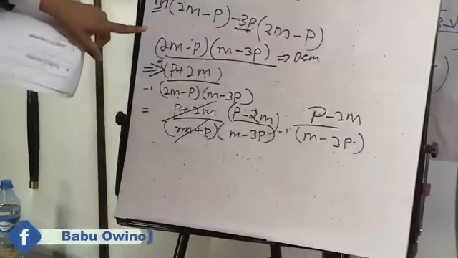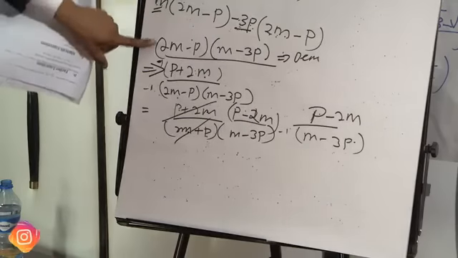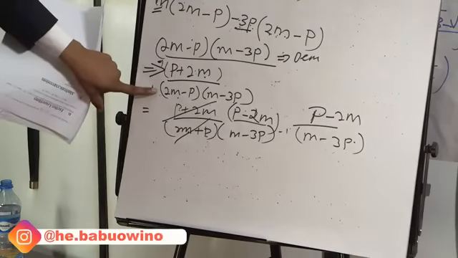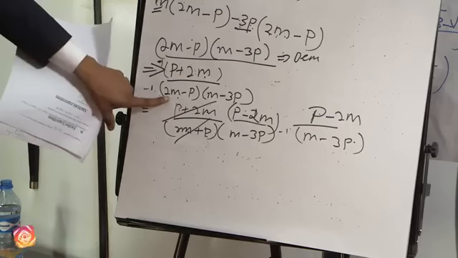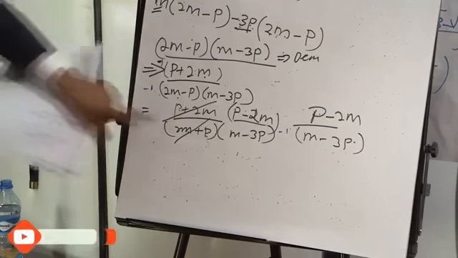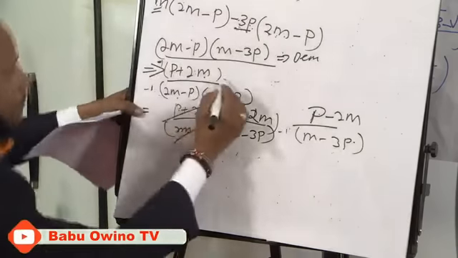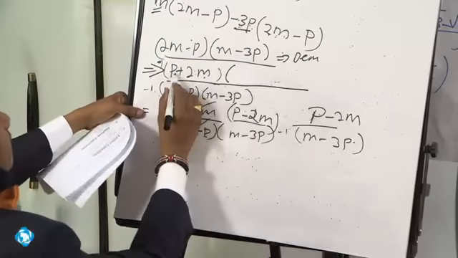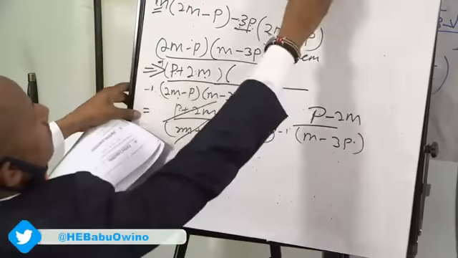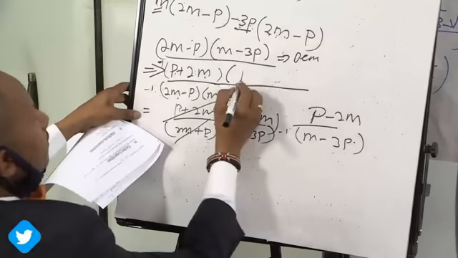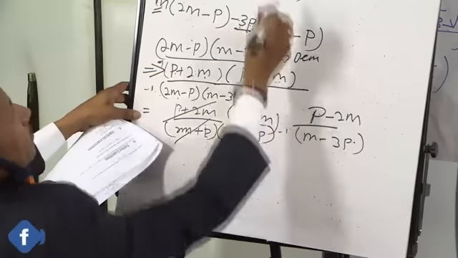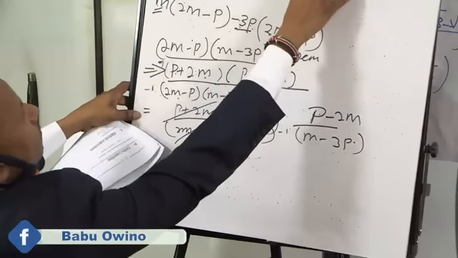So let me just take you back a little bit because I've introduced a negative here. So from here, p plus 2m, which is here, then p minus 2m, which is this part of the value. I only took one part, sorry for that.